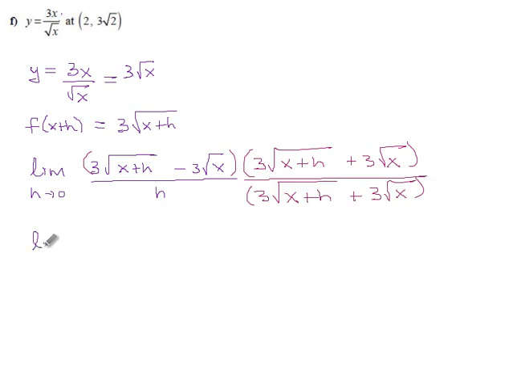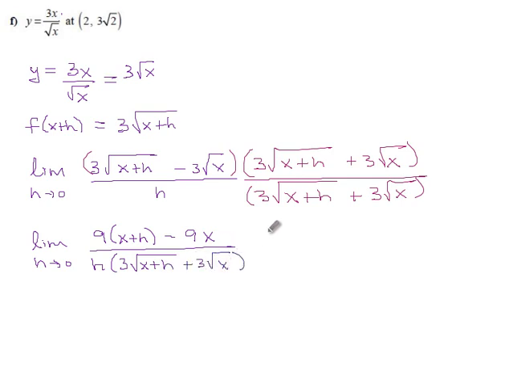Okay, so limit as h goes to 0. We multiply our first terms and we get 9 times x plus h. Outside and inside will cancel, and then we get minus 9x. All that is over h and also over our conjugate. Okay, 9x minus 9x drops out.